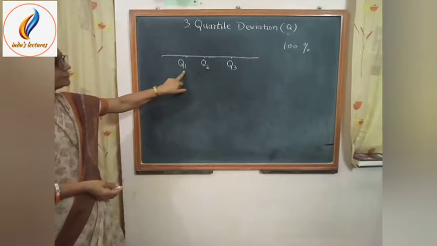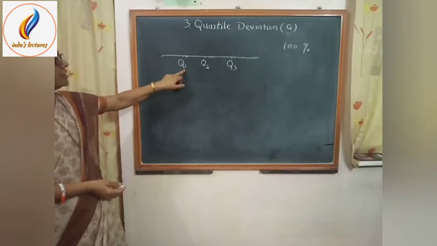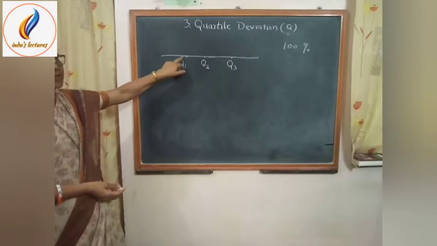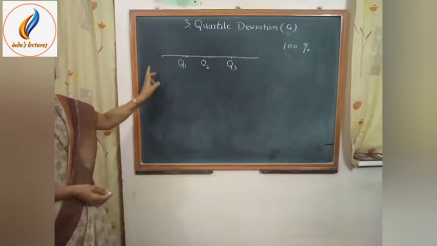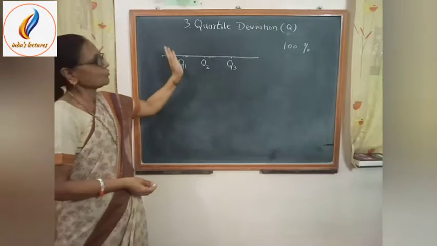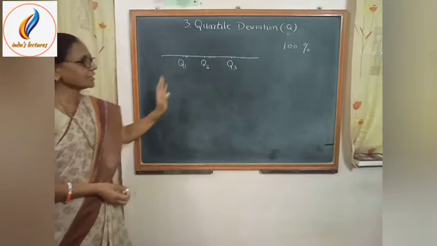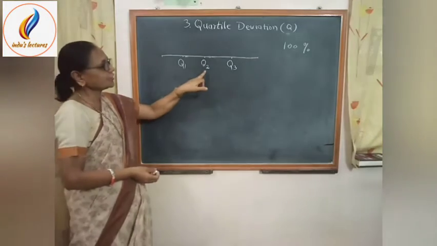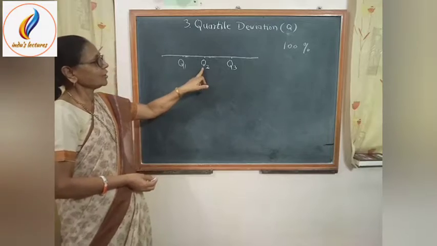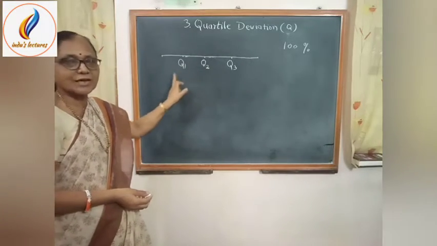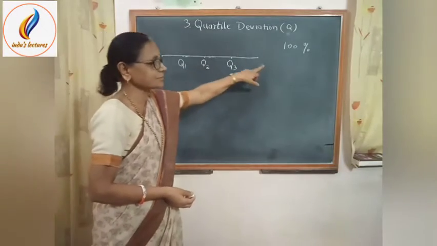First quartile is a score on the score series below which 25% scores lie and above which 75% scores lie. Then Q2 is a point on the score series below which 50% scores lie and above which 50% scores lie.